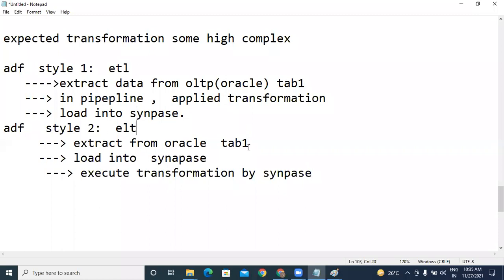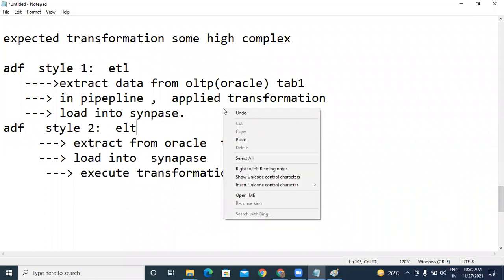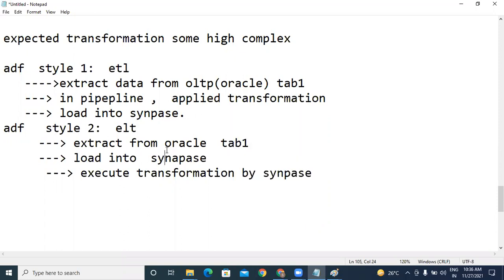This is style 2, and style 2 is ELT. Here, who performs the transformation? In the first case, the ADF engine. In the second case, Synapse.